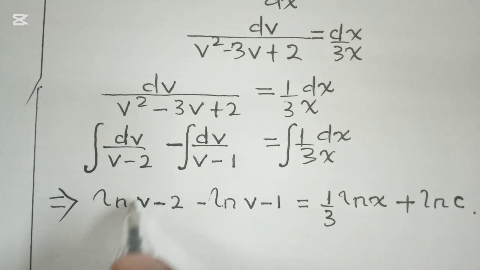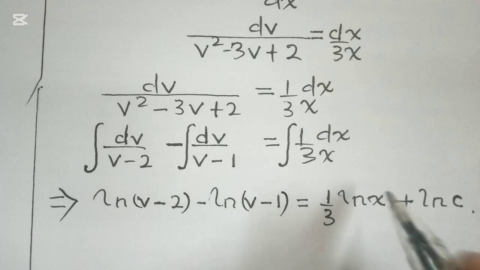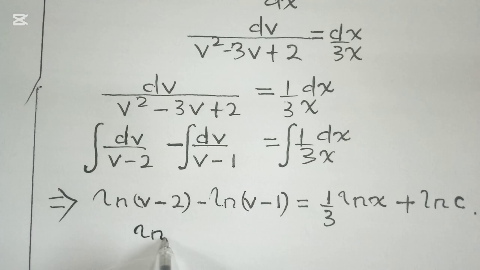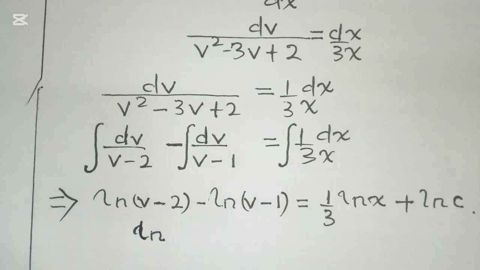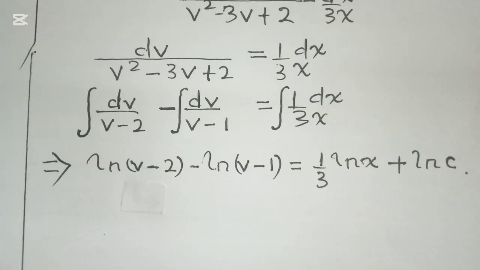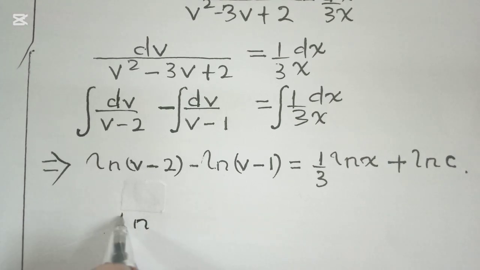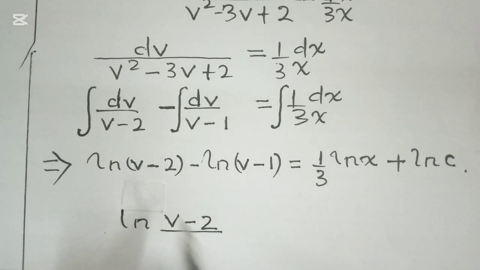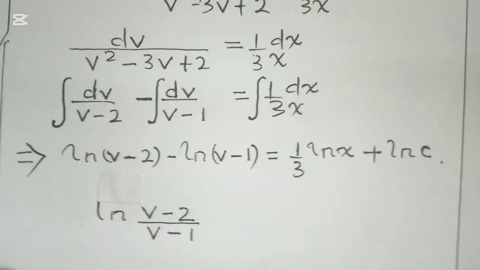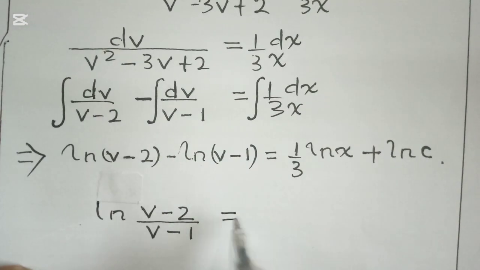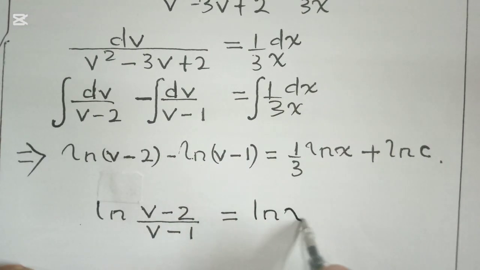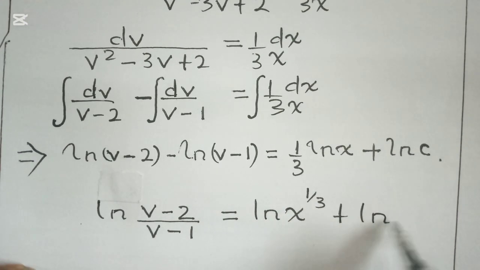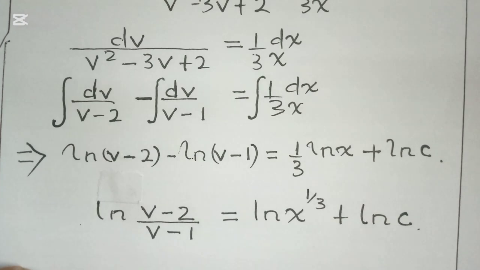According to the laws of logarithm, we shall have ln of v minus 2 all over v minus 1 equal to ln x raised to a third plus ln c.